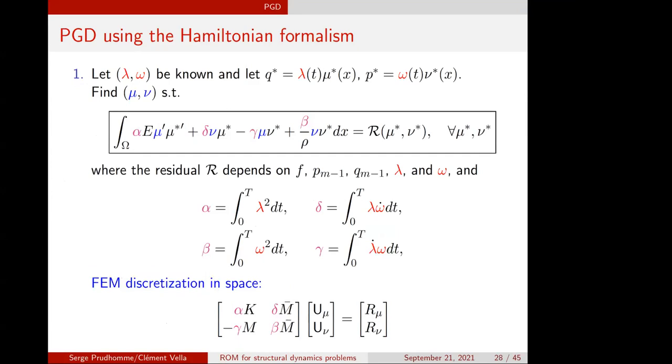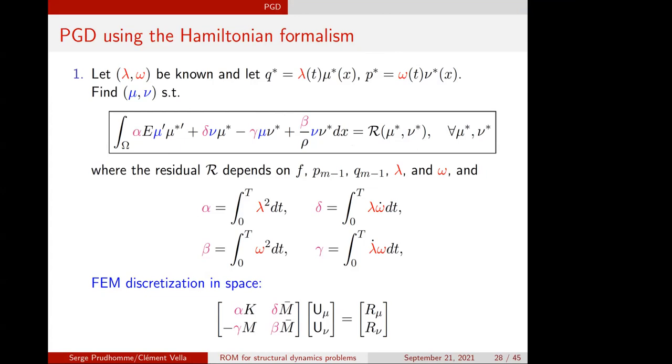Okay, so again, we just need to replace. So now we have our test function in terms of lambda and omega. Of course, that's the reason why we obtain a nonlinear system, and this is why we need to use a fixed point approach. This is the equation essentially that we need to solve with respect to space.